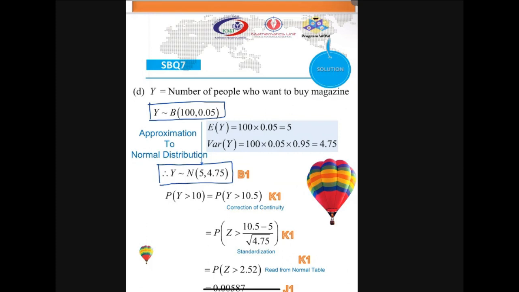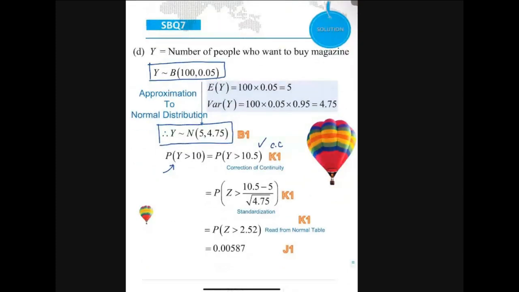Okay, now we can answer the question. The question asks to find more than 10. Because we change from binomial into normal, we have to use continuity correction. That's why this would be y greater than 10.5. And then to make it a standard normal, you have to standardize this.